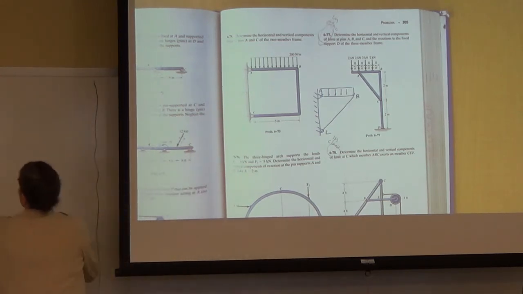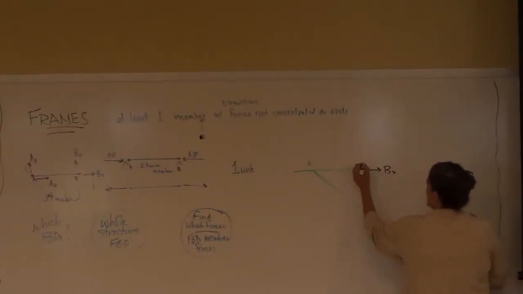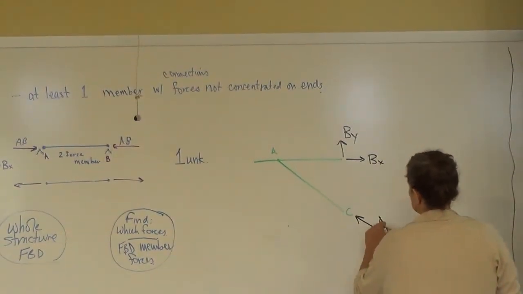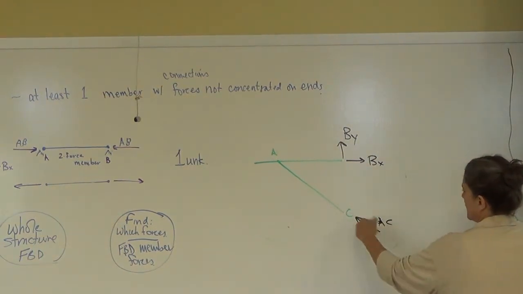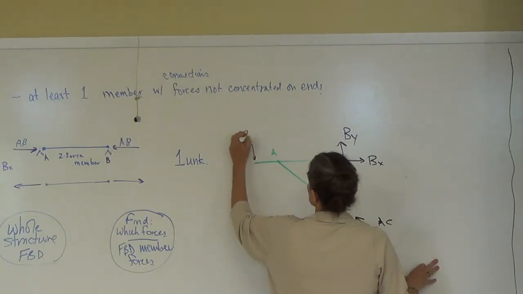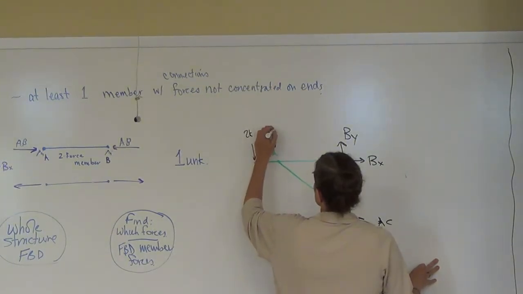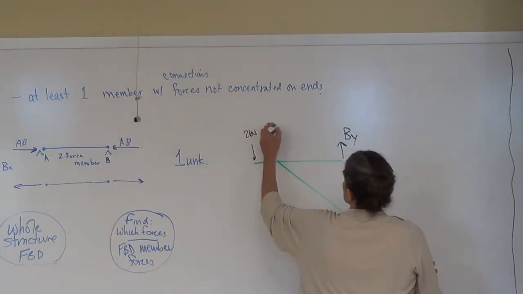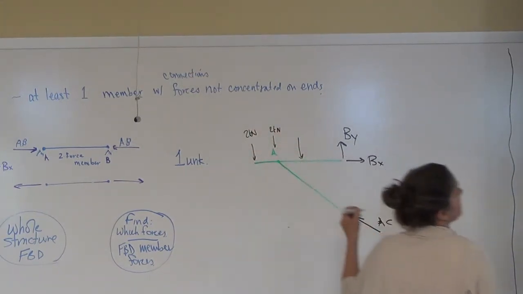I would have BX and BY, right? And then I would have my AC, drawn whichever way you want it. And then you would have the external loads, right? What is that, 2 kips? 2 kilonewtons.